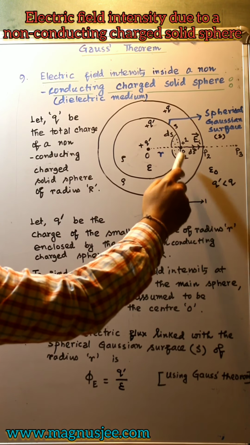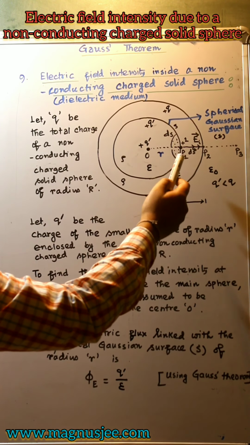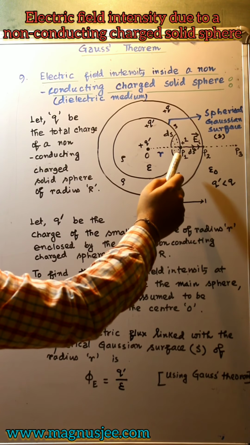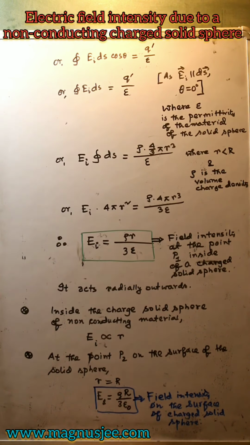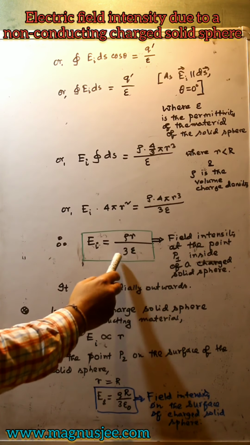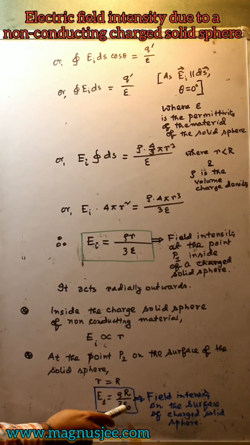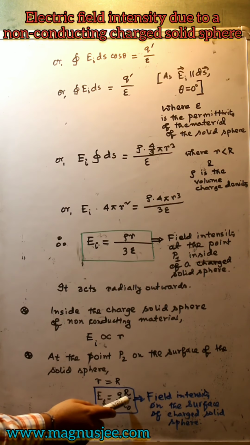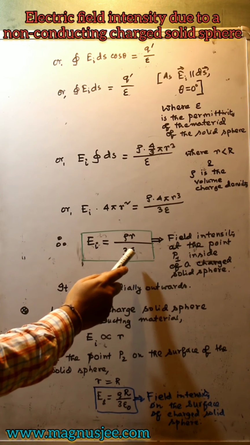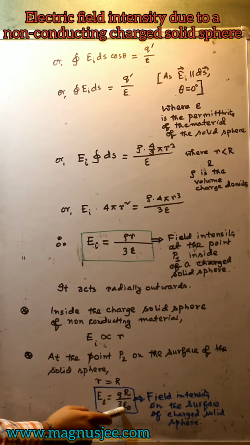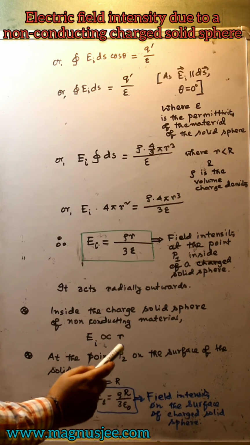But for the point P1, Ei is rho small r by 3 epsilon, and on the surface rho capital R by 3 epsilon 0. The difference is: here small r, here capital R, and epsilon is the permittivity of the non-conducting material inside the solid sphere, and epsilon 0 is the permittivity of free space. Capital R is the radius of the solid sphere.